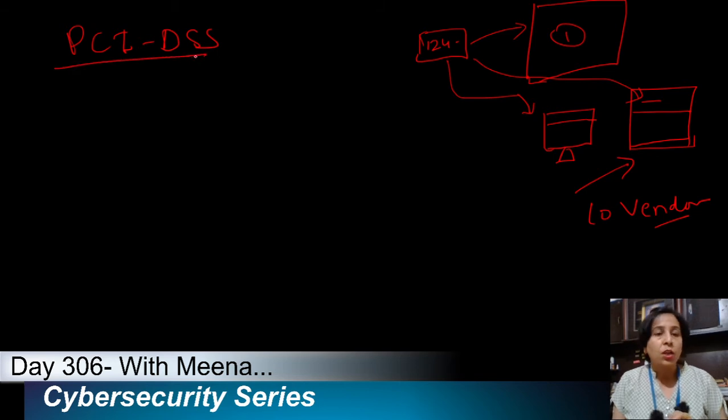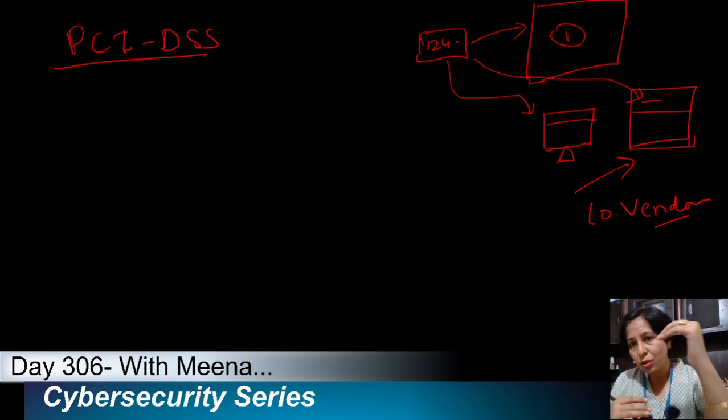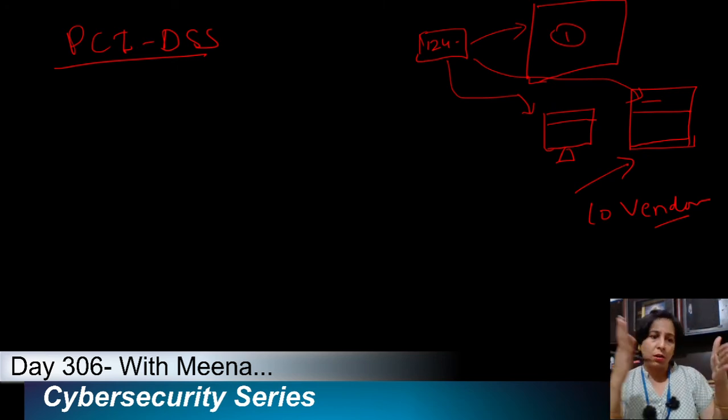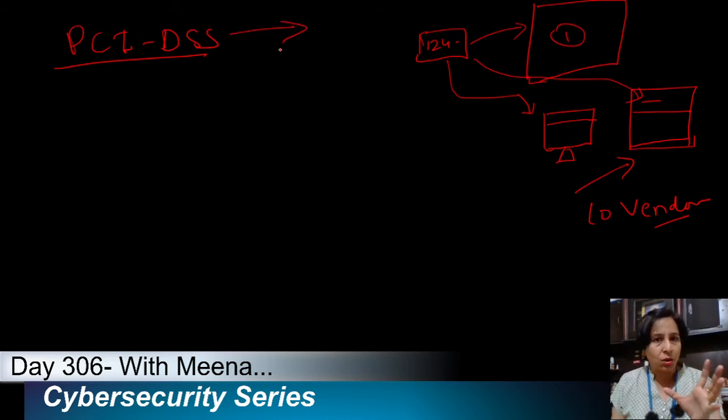That standard gives 12 requirements, so implement those 12 requirements and store the data. If you are not complying with that, there will be a huge penalty on the vendor. So this is the method, giving you the standards to secure the data.